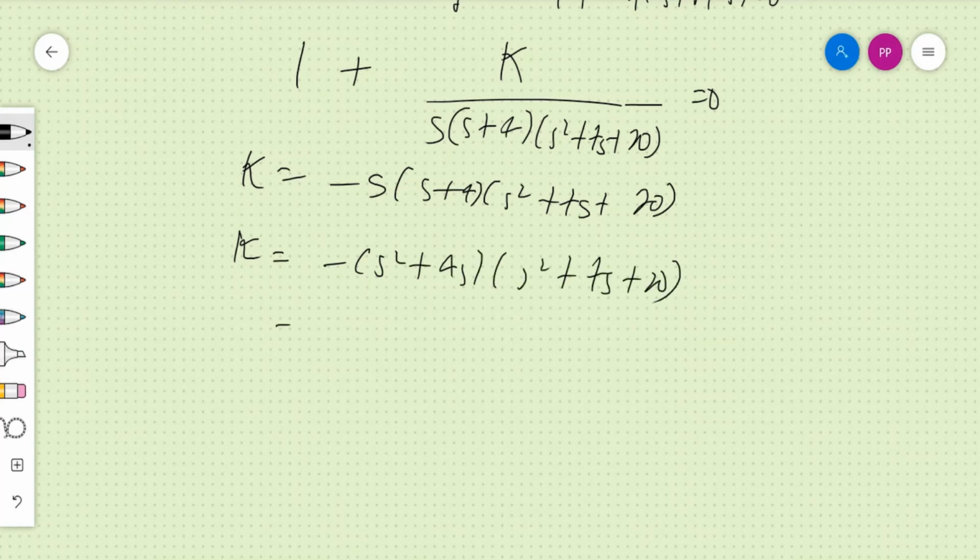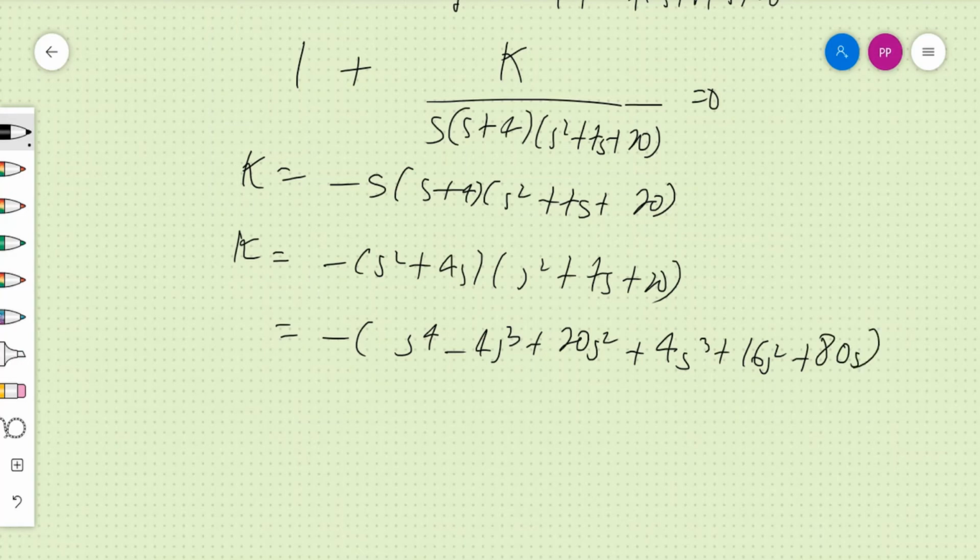Then further it goes to minus s power 4 plus 4s cube plus 20s square plus 4s cube plus 16s square plus 80s.